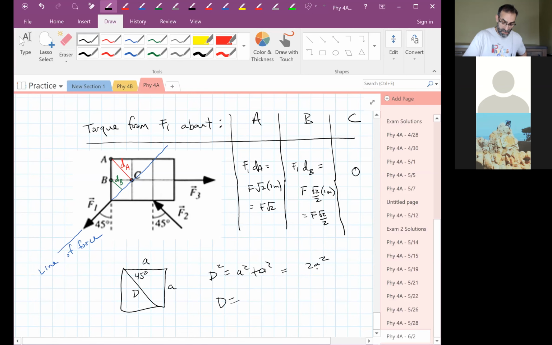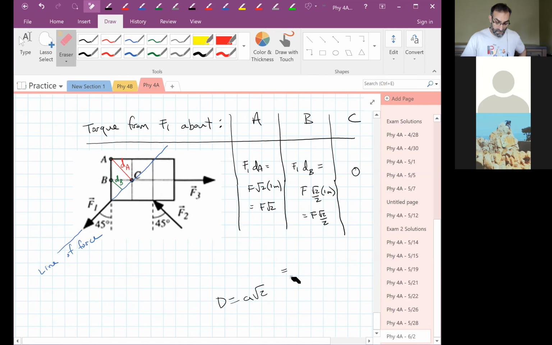So D is the square root of that. Okay, we're good here, right? You can also break each one of these into components. Yeah, that works. Yes, it does.